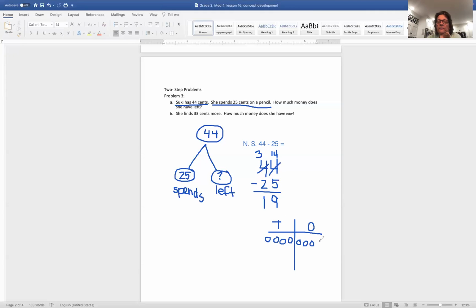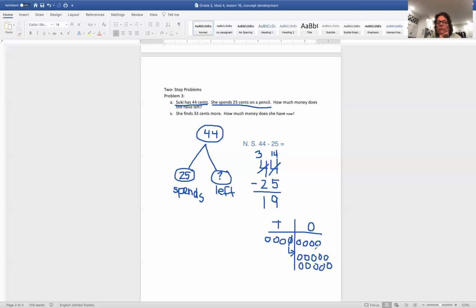And then if I want to subtract 25, I can't take 5 ones from these 4 ones, so I unbundle a 10, cross one off, draw my arrow. That gives me 10 ones, and that's where you get your 14 from in your algorithm. Okay, and then that leaves you with the 3 tens that you see up here in your algorithm.